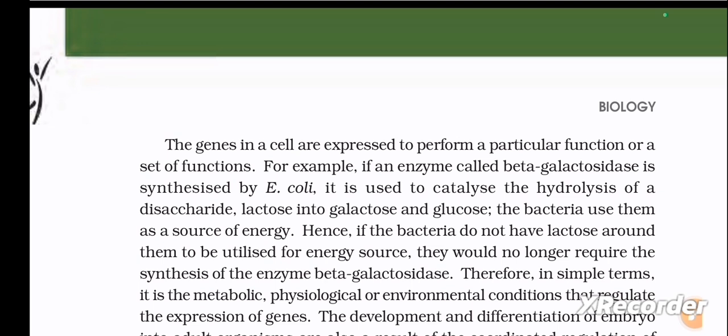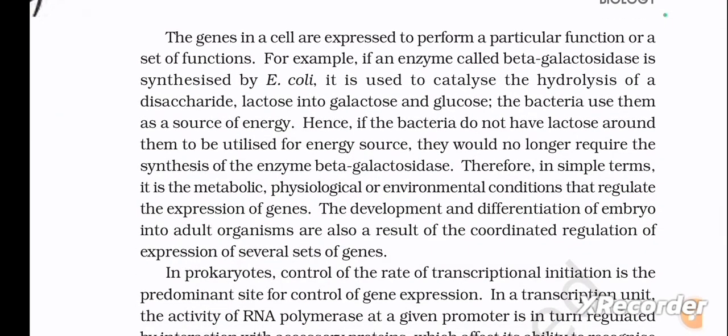The bacteria use them as a source of energy. Hence, if the bacteria do not have lactose around them to be utilized as an energy source, they would no longer require the synthesis of the enzyme beta-galactosidase. Therefore, in simple terms, it is the metabolic, physiological, or environmental conditions that regulate the expression of genes.